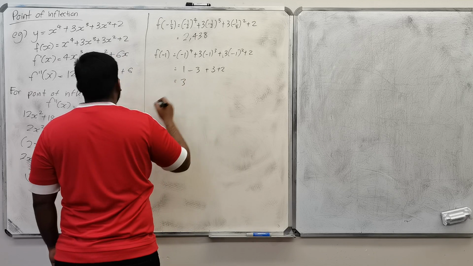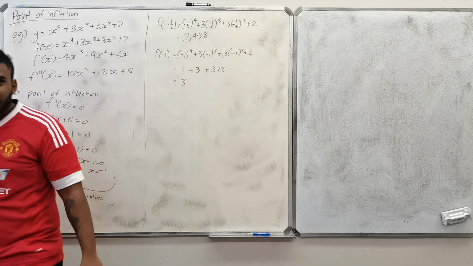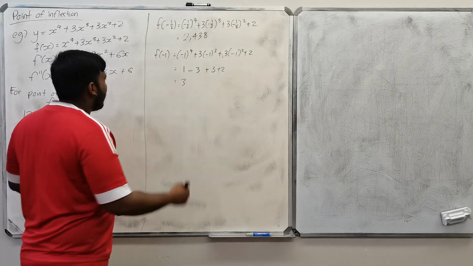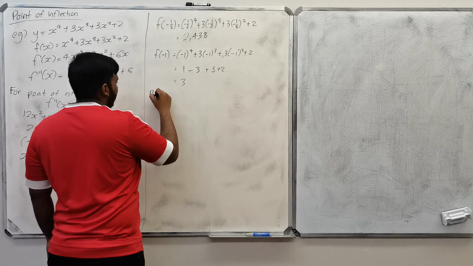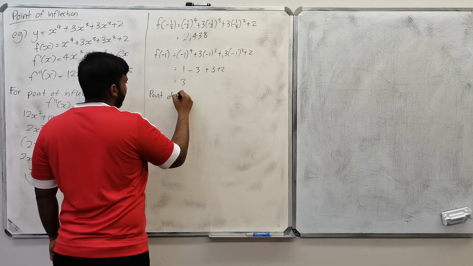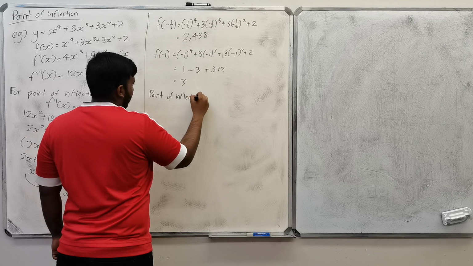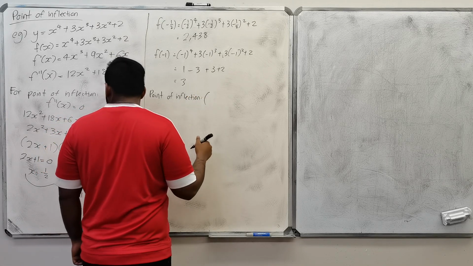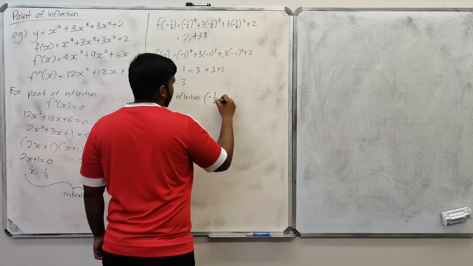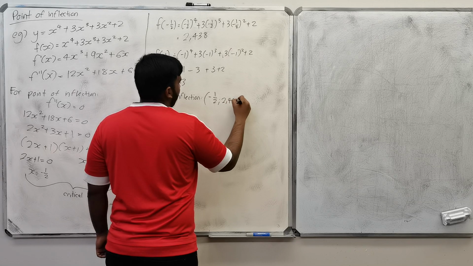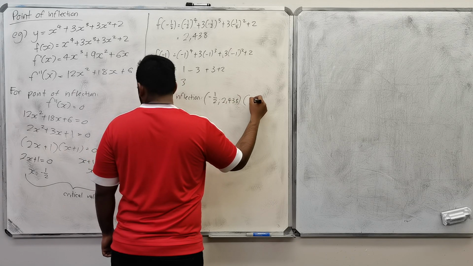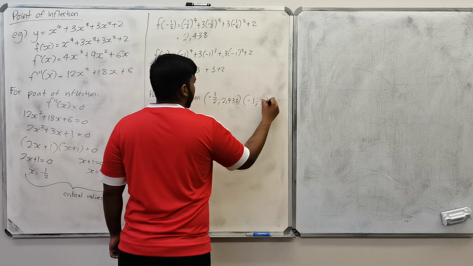It's 3. So your points of inflection are minus half and 2 over 4, 3, 8, and minus 1, 1, 3.